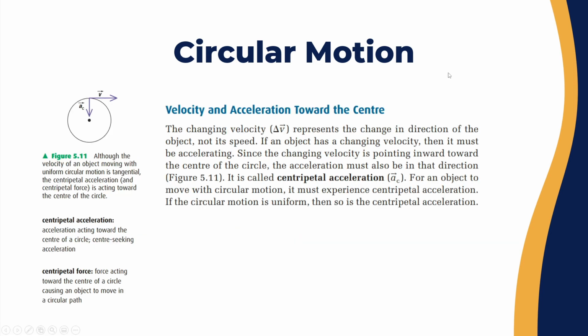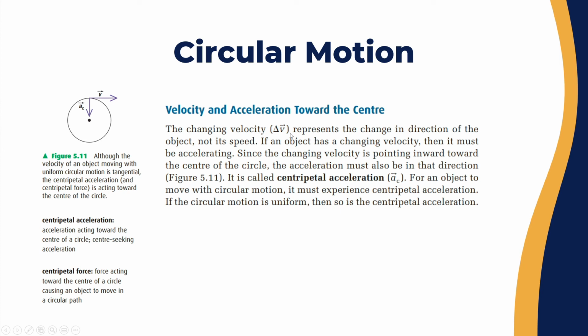Now, it's important to discuss the velocity and acceleration towards the center. As you have in the tire of the bike example, you have the velocity V at the surface of the tire. You have something called the acceleration toward the center. That is always happening as long as you're having rotation, same as the normal force while you are walking on the surface of Earth.